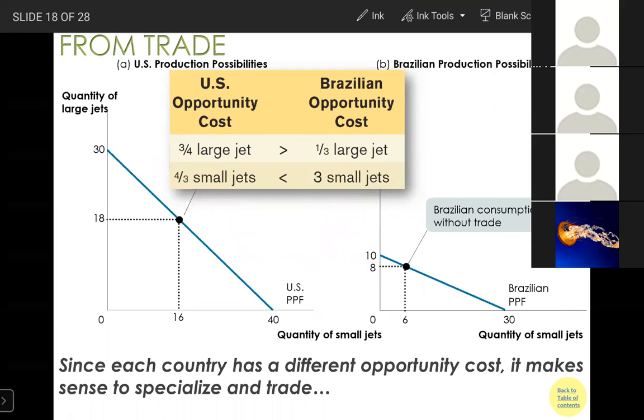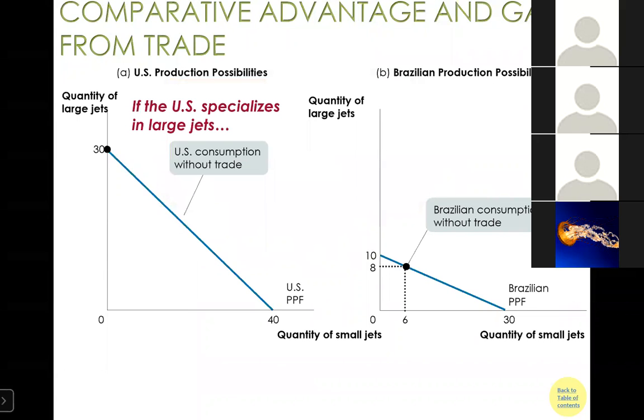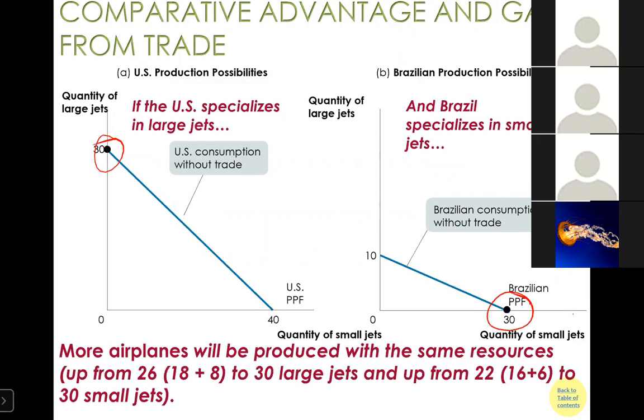All right. So now hopefully we understand how trade is going to benefit us and how we gain from trade. Okay, so let's summarize these slides. See, we move to here, and similarly, Brazil moved here. Now, we move from 26 to 30 and 22 to 30.